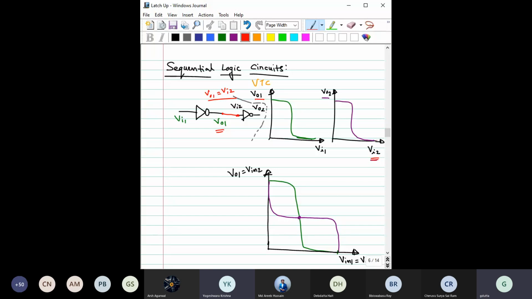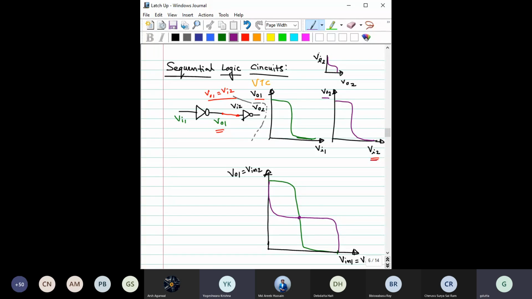So that means we have to take this axis here and take this axis here. If I do that, how would that look? It will be VO2, and here it will be VI2. Probably it will look something like this.